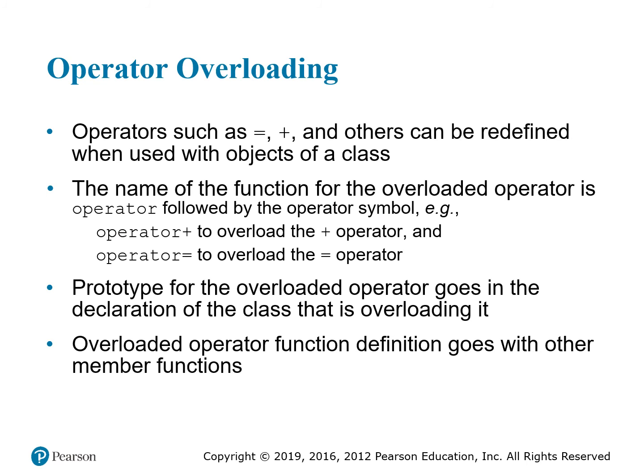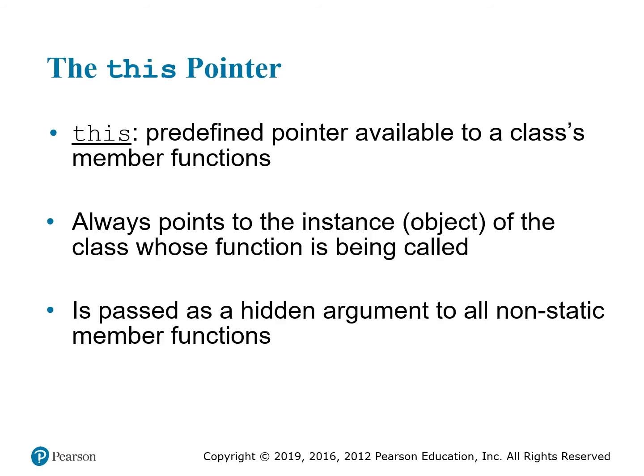The way you overload an operator is you use the keyword operator followed by the operator symbol you're trying to overload. So operator plus or operator equal. If you're using operators, you're probably going to be using multiple objects of the same type, and so they're all going to have the same member names.